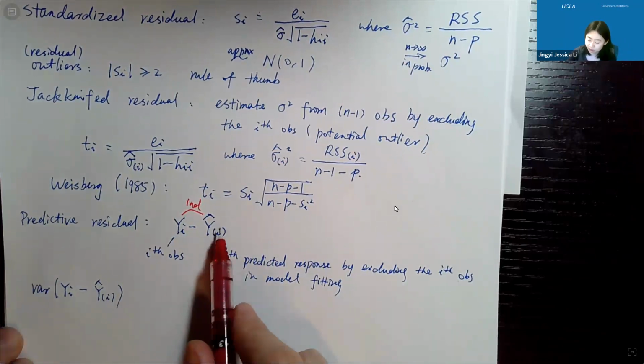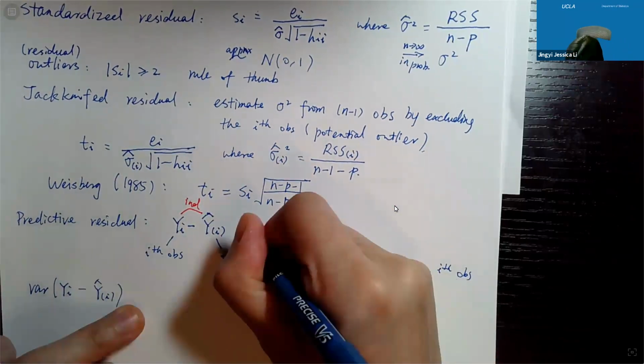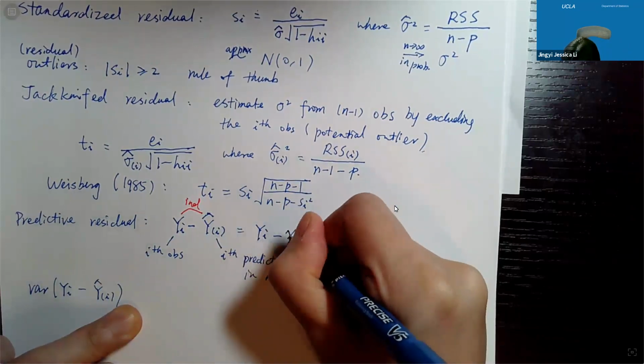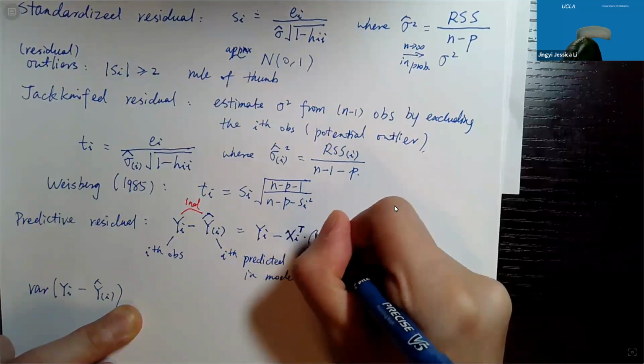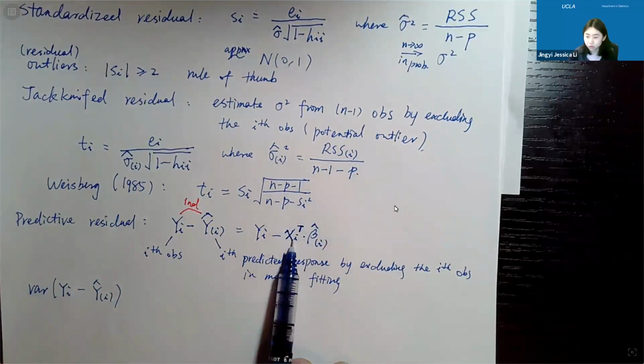So that's why if we apply that beta hat, maybe I should write this out and you can see that better. So this is y_i minus x_i transpose, the ith row in the design matrix, times beta hat (i). So you see this row is fixed because we are doing a fixed design.